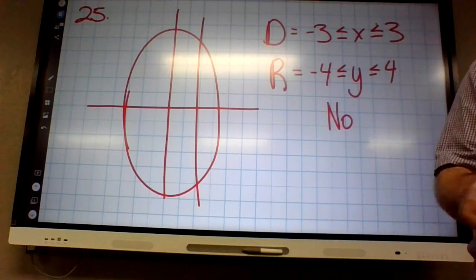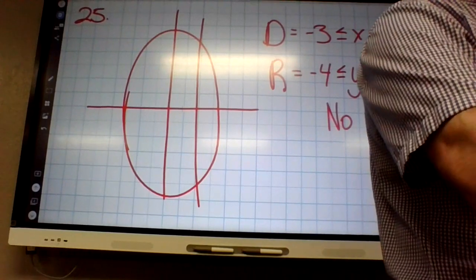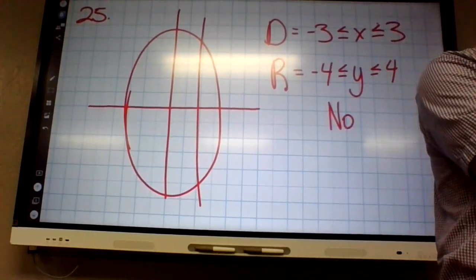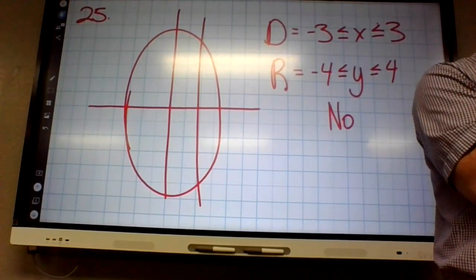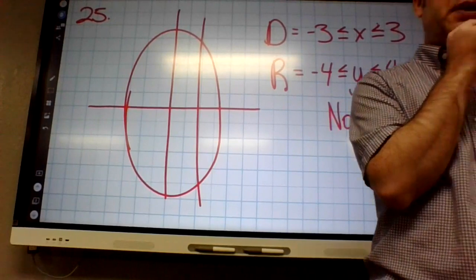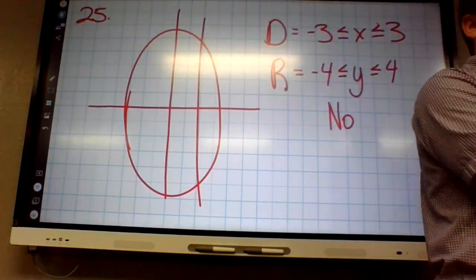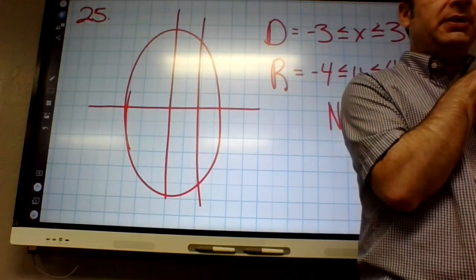On 26, I'm going to talk about it, but I'm not going to write it down. For the domain, how far left do you think it's going to go? Negative infinity. And how far right?